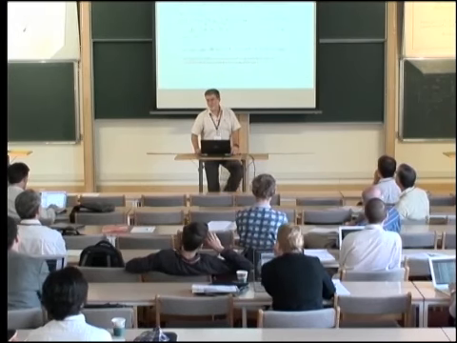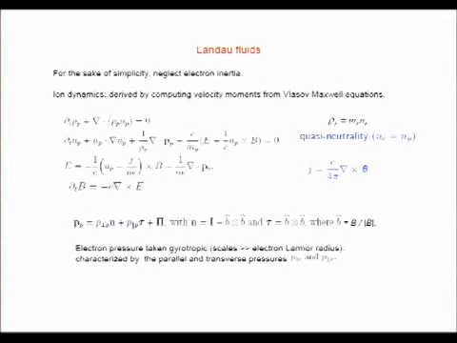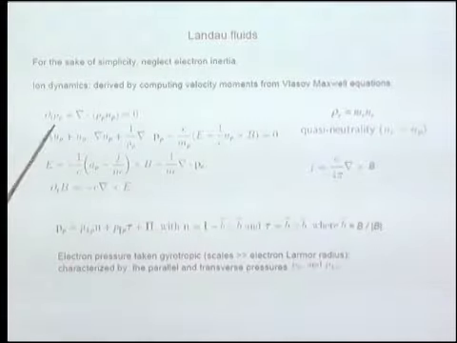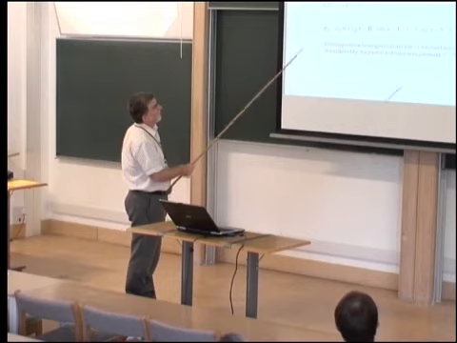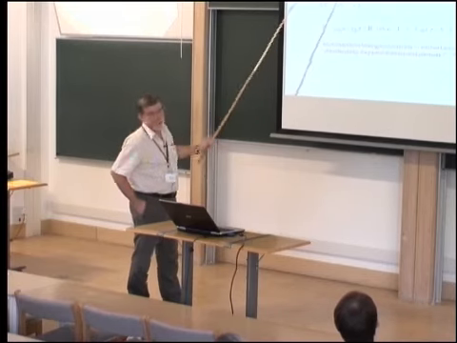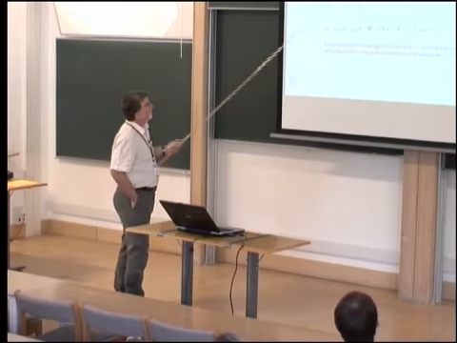So just to show you the equations I'm solving, these are the proton fluid equations, which are an exact outcome of Vlasov-Maxwell. We assume quasi-neutrality. We do not take into account electron inertia, even though it's possible to actually do it.